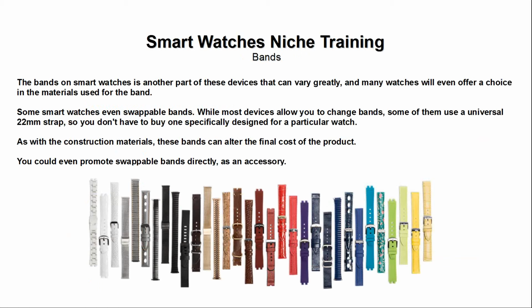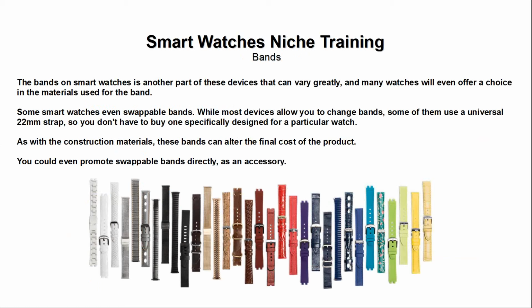However, the term swappable band is really more referring to a universal watch strap. There's a standard 22 millimeter watch strap that you can buy for just normal watches. And as long as the smartwatch is compatible with one of these swappable bands, you can actually buy any band of your choosing.